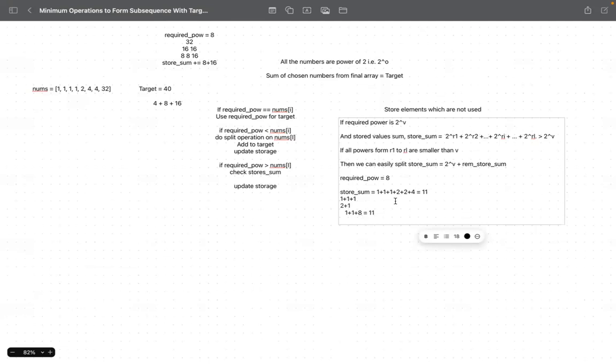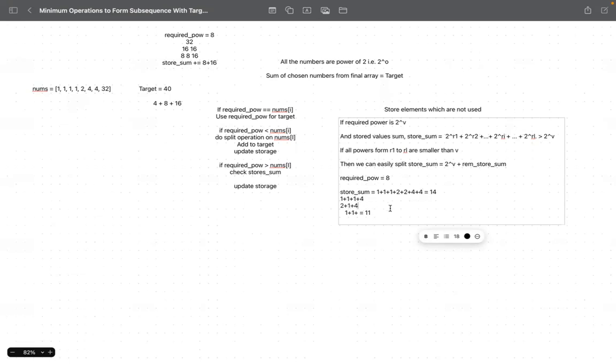So not 8, let's make it, what can be greater value. Okay, so let's suppose this is not just 11, it is kind of 15. And for that we are doing something like this, 4. Okay, and here also I'm doing 4 and 4.